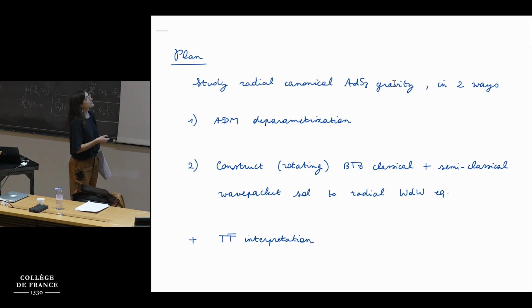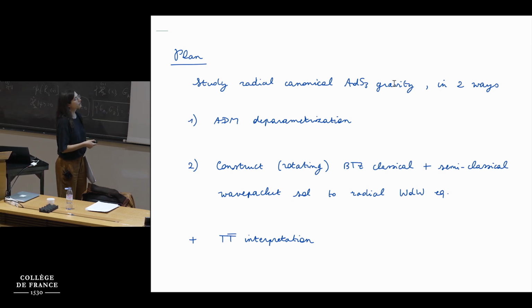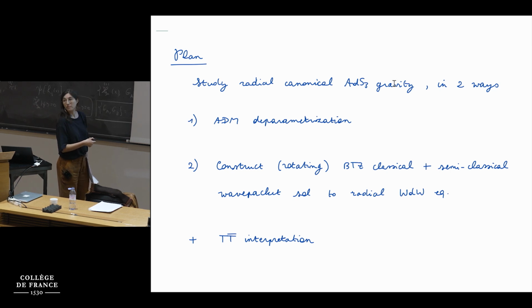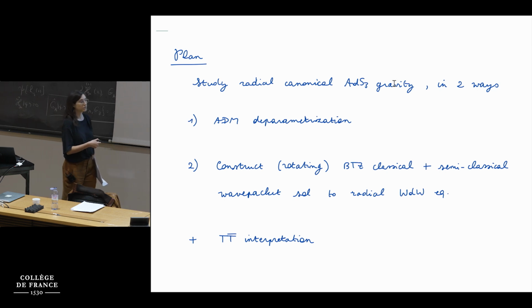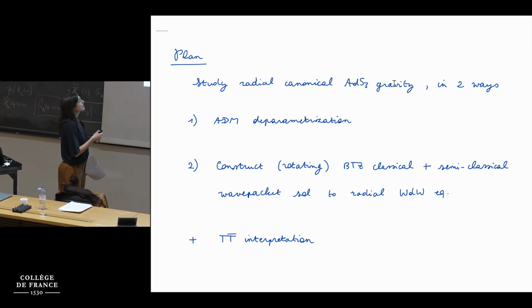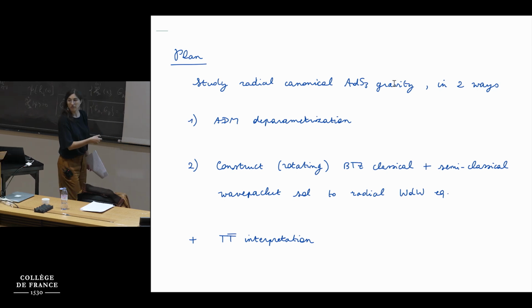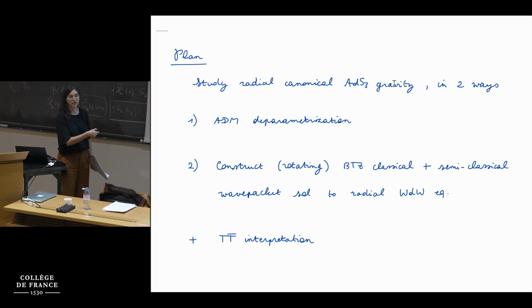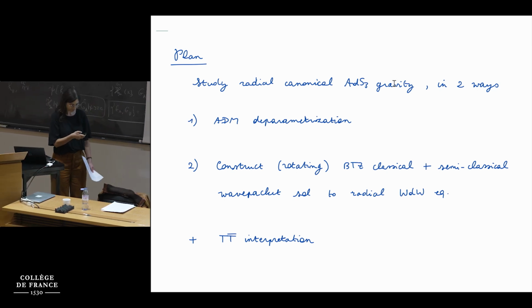And the second is to consider the radial Wheeler-DeWitt equation, first construct a classical AdS geometry solution from that, namely rotating BTZ, and then use that classical solution to construct a semi-classical wave packet solution to the radial Wheeler-DeWitt. And in both these cases, we'll discuss the TTbar interpretation or holographic interpretation, which I'm now using interchangeably.